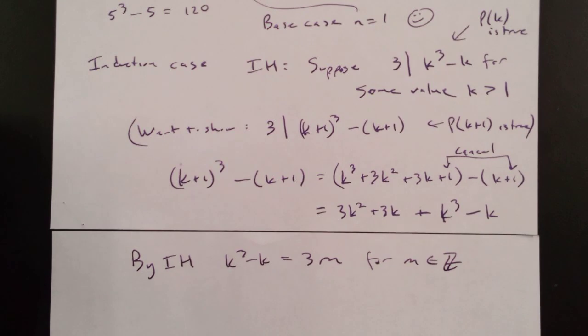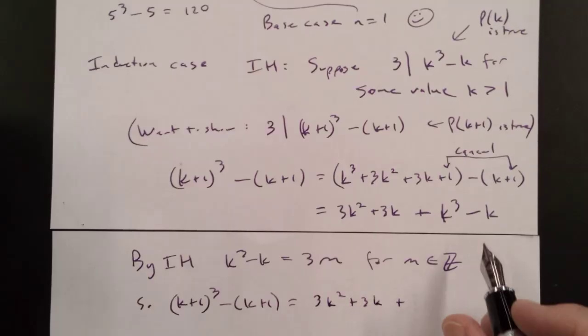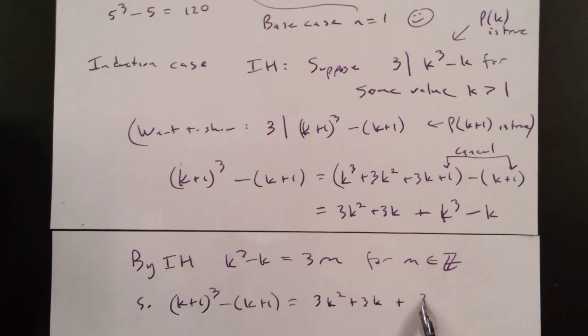That's what it means to be divisible by 3, yes? So (k plus 1) cubed minus (k plus 1) is now 3k squared plus 3k plus 3m.